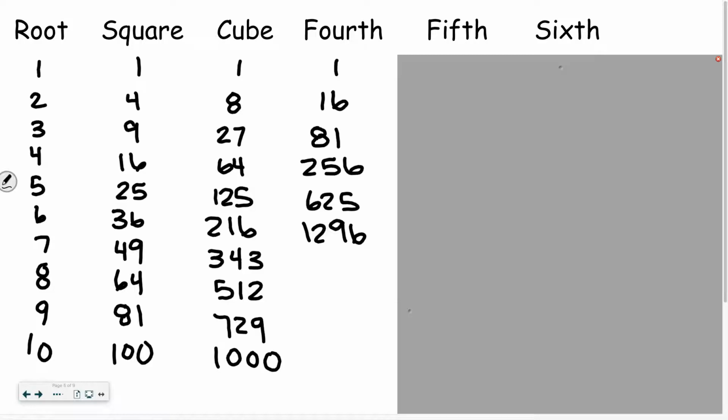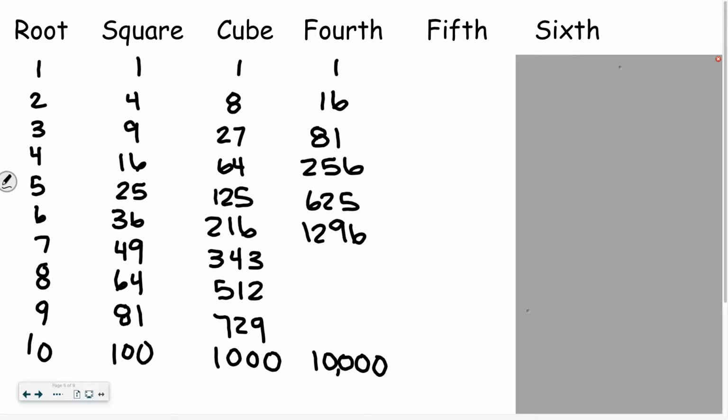But that's about as far as I know for perfect fourths. And you know what 10 is. If you want to fill in 7, 8, and 9, that's fine, but I don't even know what they are. It's just nice to recognize some of these smaller ones so that you don't have to do everything in your calculator.